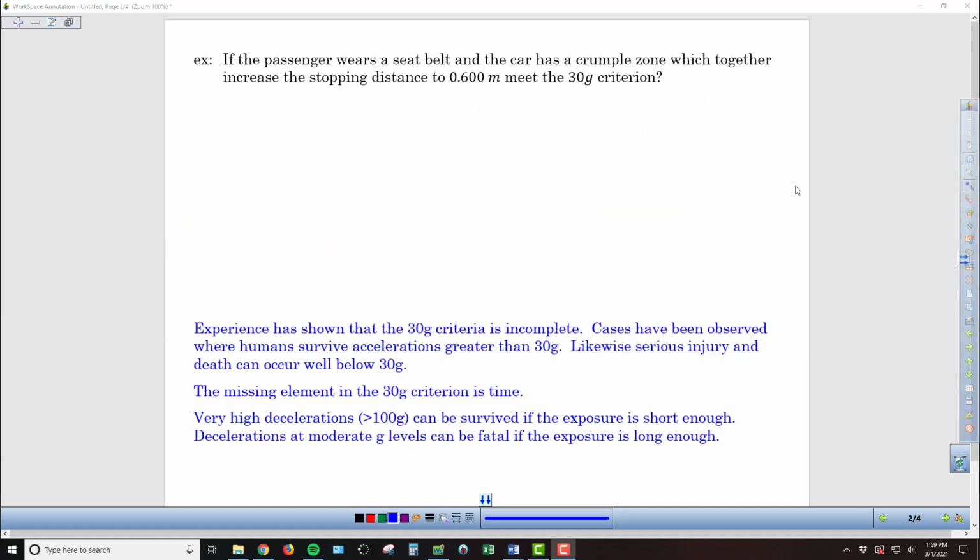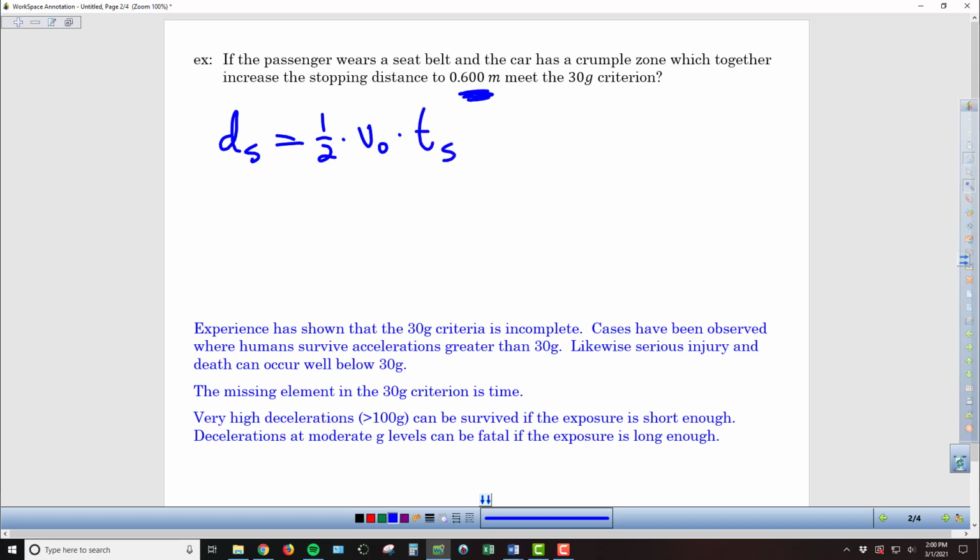Now before we do so, let's put a crumple zone in the car and a seatbelt on the passenger and increase our stopping distance to 0.6 meters instead of the 0.1 meters and see what happens. So our same equation, our stopping distance is equal to 1/2 times the velocity times the stopping time.